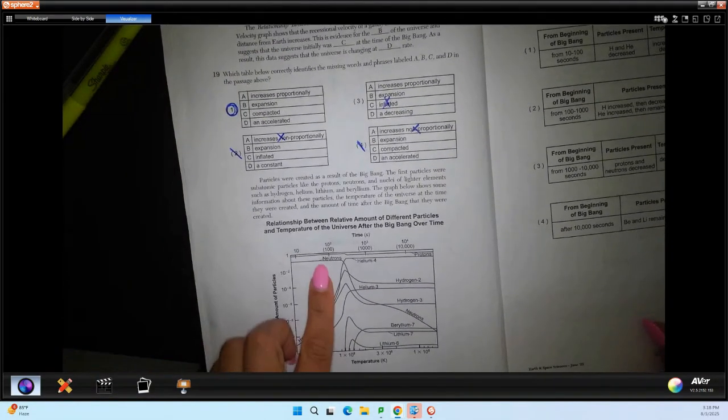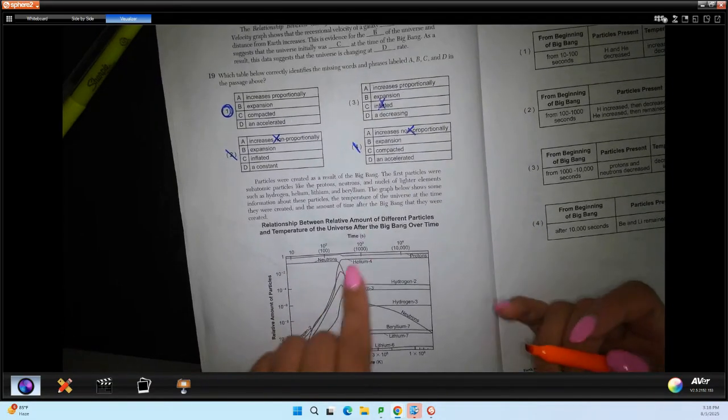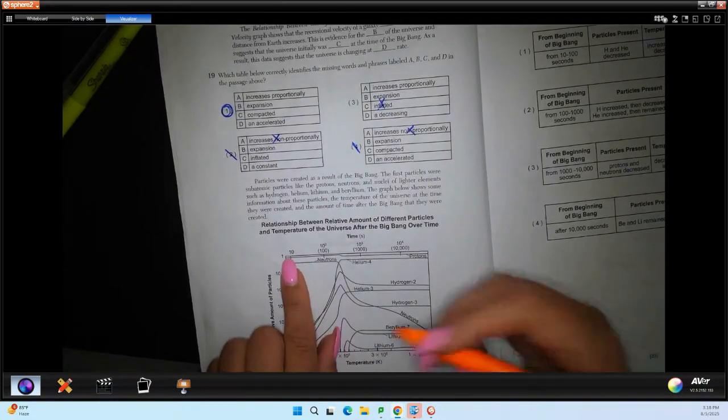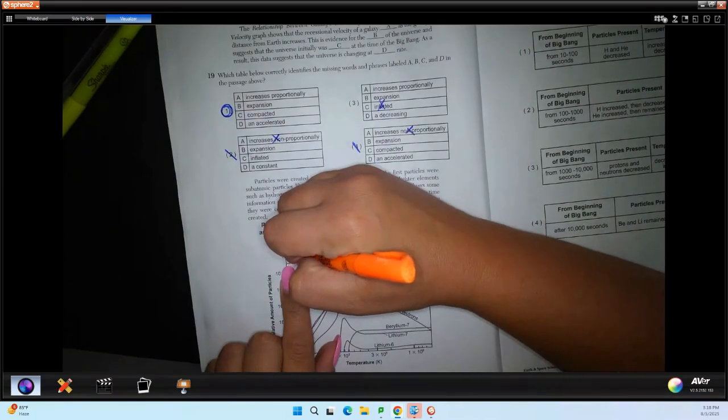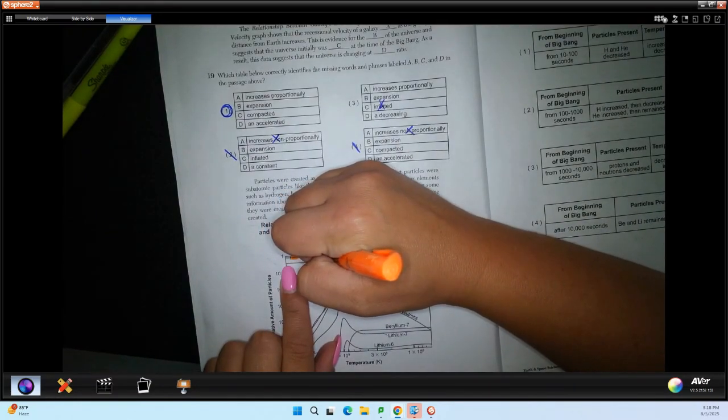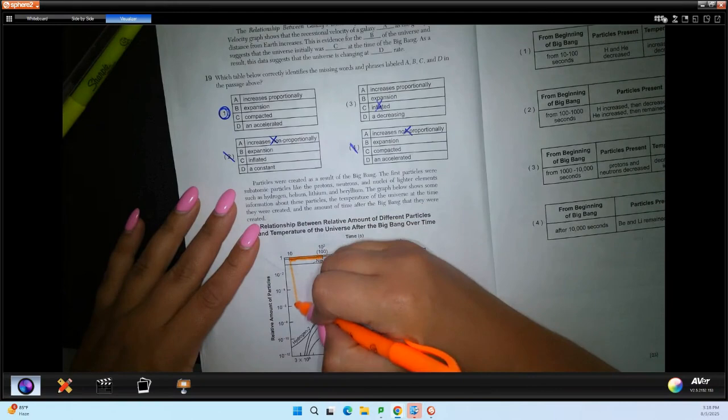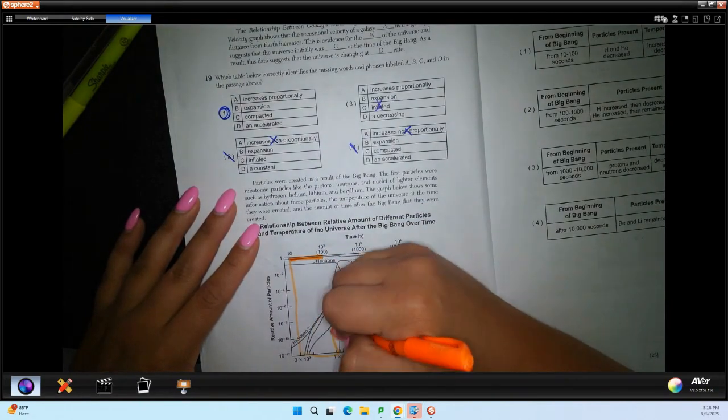Okay. So first thing says our time range is from 10 to 100 seconds. So I'm going to use different colors for each one so we can kind of see what we're looking at. So from 10 to 100, if we look at time, that is 10 to 100 here. So I'm looking at what happened in this time period. And it tells me that I had hydrogen and helium decreasing.